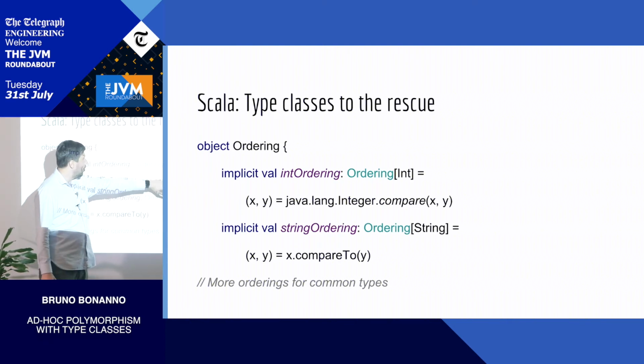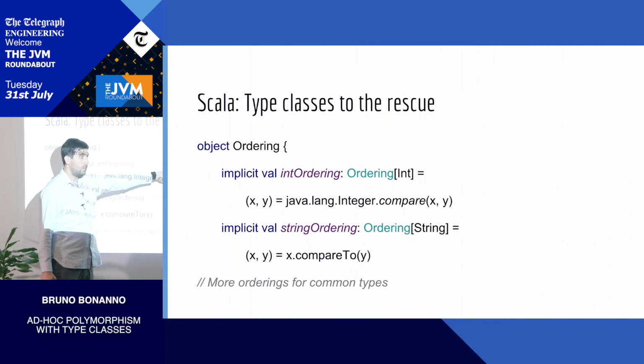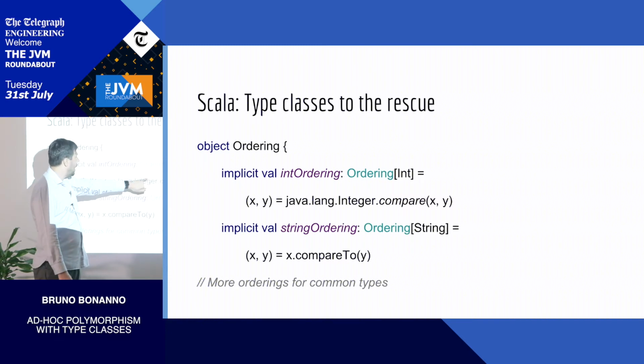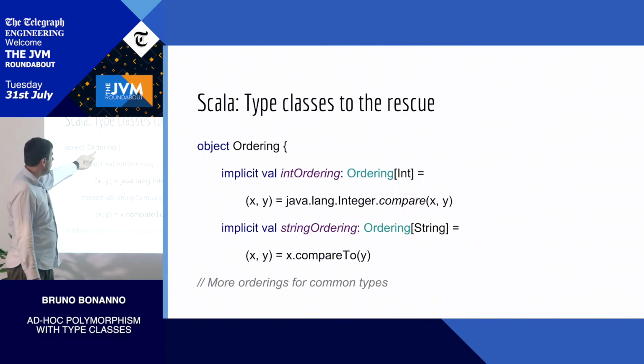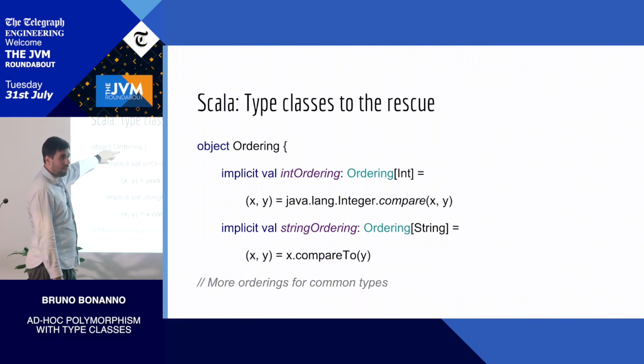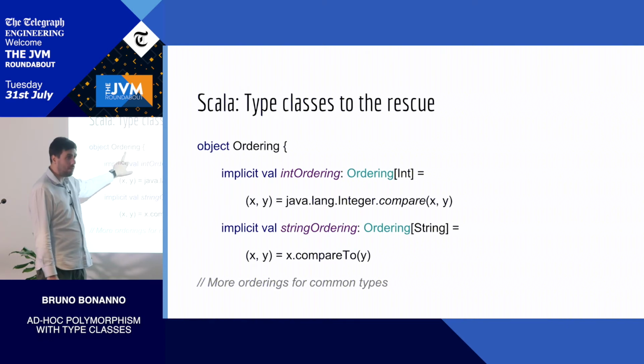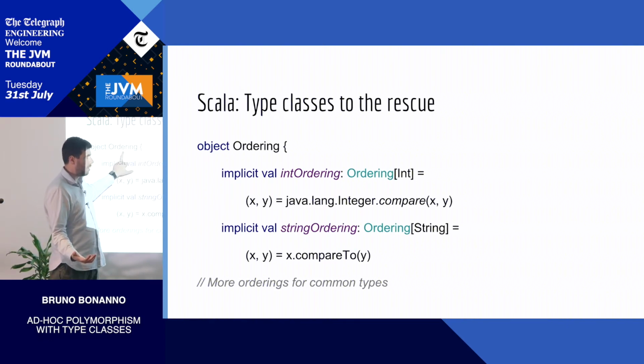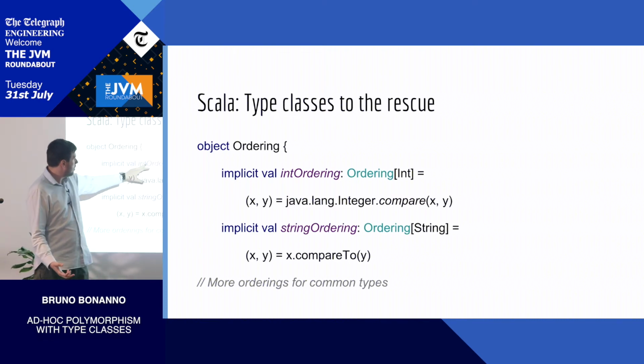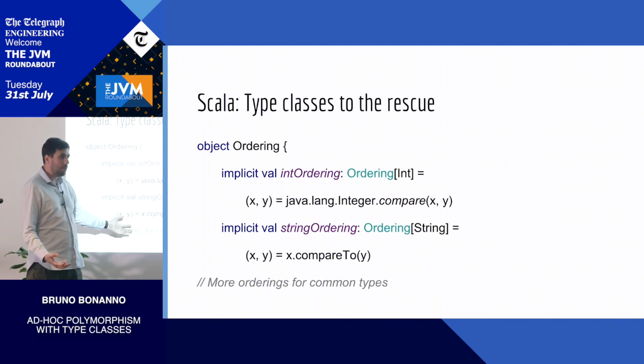So it's going to look in the companion object, in this case of Int, to see if there is a comparator, and it's also going to look in the companion object of Ordering. This is actually a simplified view of the companion object of Ordering provided by the Scala library.